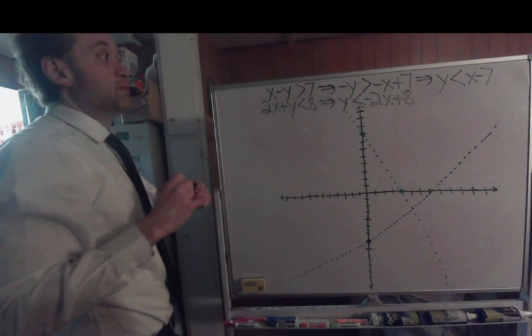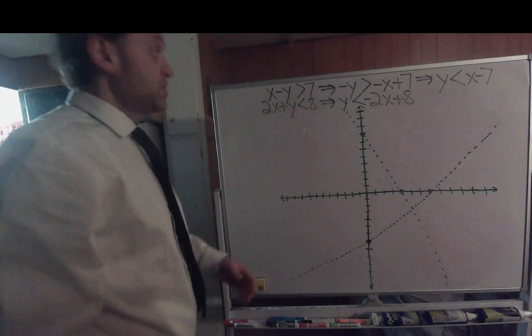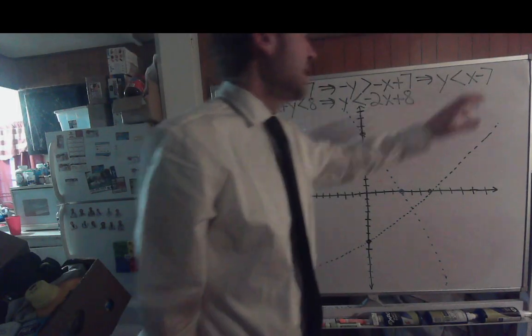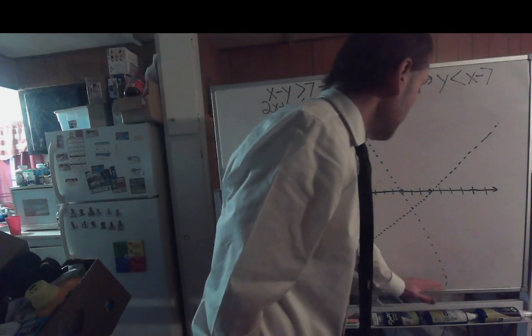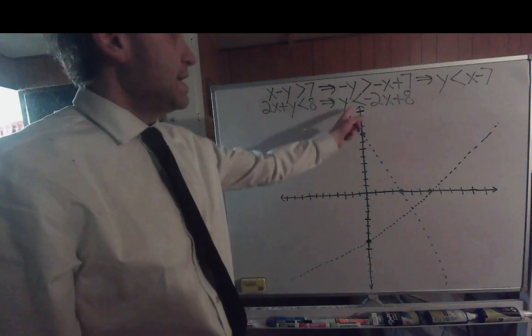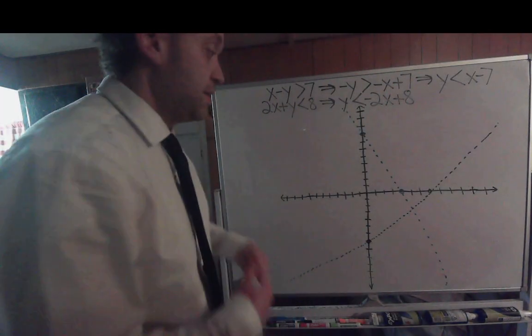Now we have something we can work with. So first, let's start out with y is less than x minus 7, which is going to be below this purple line. That would be below this purple line going down here. And then y is less than negative 2x plus 8. That would be below this blue line.